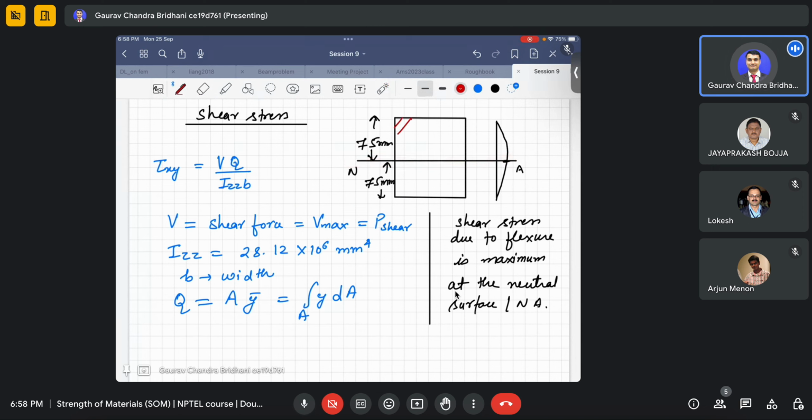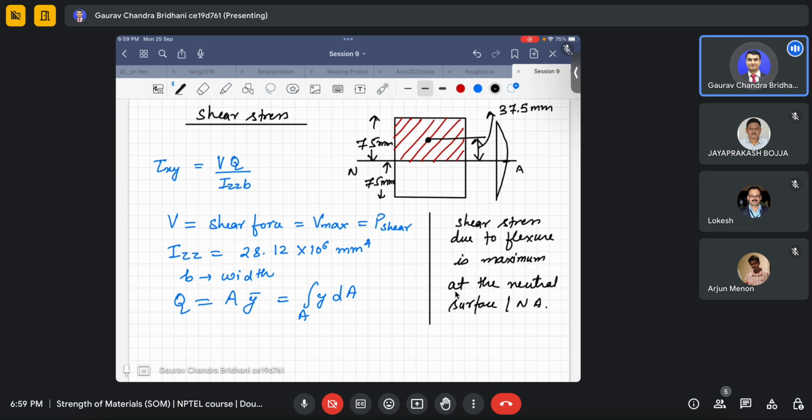So I am considering this full area. Now if I ask where the centroid of this area lies, you know where it will lie. It will lie somewhere here, at half of this 75, that is 37.5 mm.